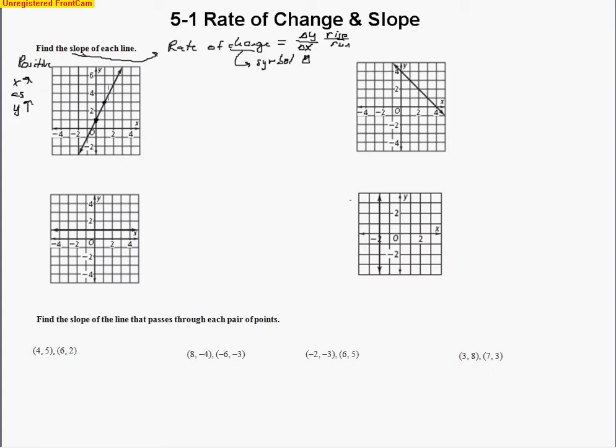And that's what the rate of change, or the slope, is. So I'm going to write down that the rate of change is y's increase by 2, x's increase by 1.